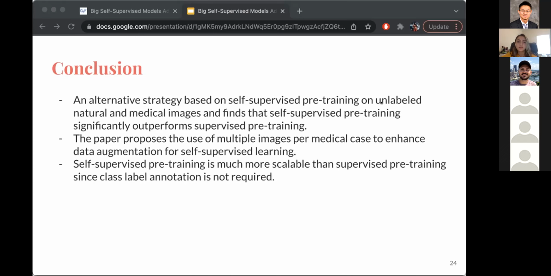The paper also proposes the use of multiple images per medical case to enhance data augmentation for self-supervised learning. And self-supervised pre-training, as we saw, looks more scalable than supervised pre-training, since we don't need the class labels.